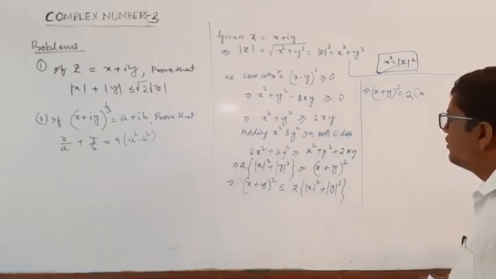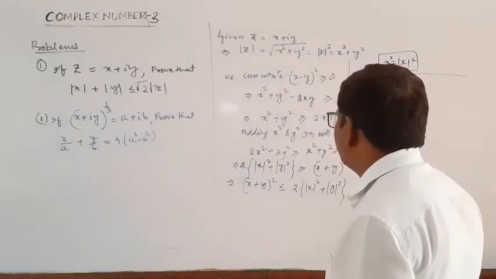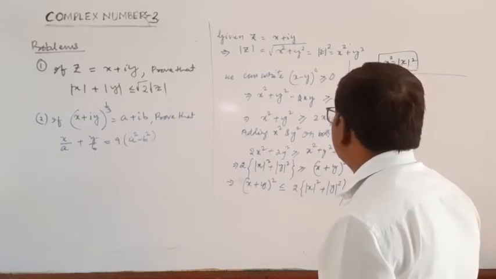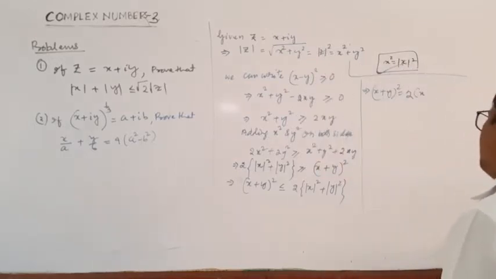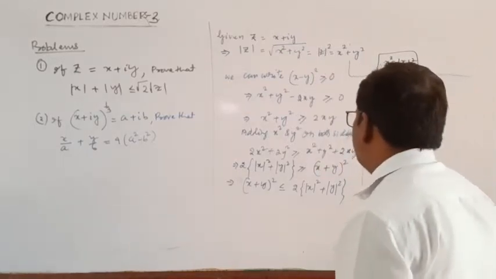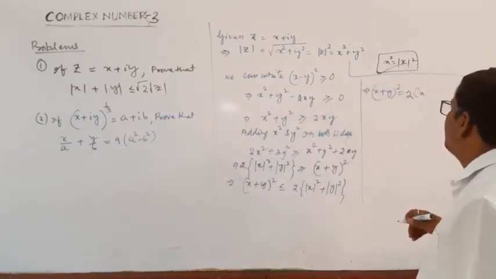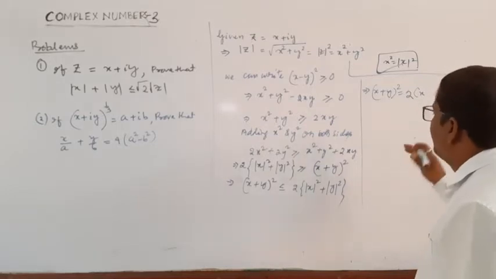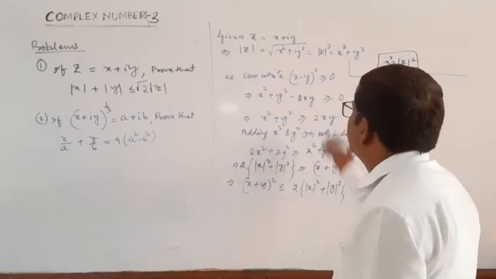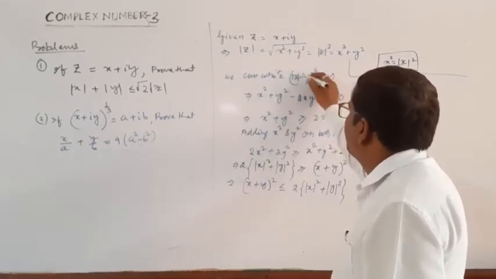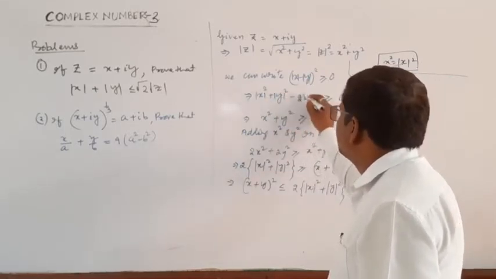Mod x means this can be written as mod x mod y, x plus y whole square means this can be also written as mod x square mod y square mod of 2x mod y. So x plus y whole square, we can write also mod x plus mod y, where this is x square plus y square, then if we take mod x minus mod y whole square, this and this.